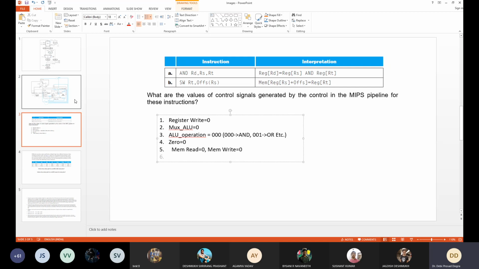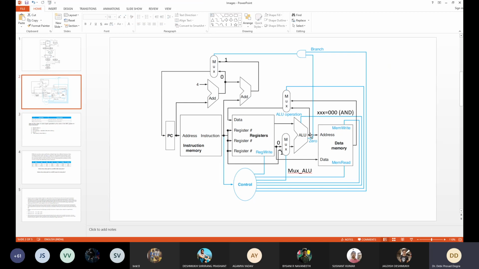Nothing, and then the value from the arithmetic logic unit goes to here. Actually, they have not given any name to the multiplexer control signal, so you have to give another name to this multiplexer.